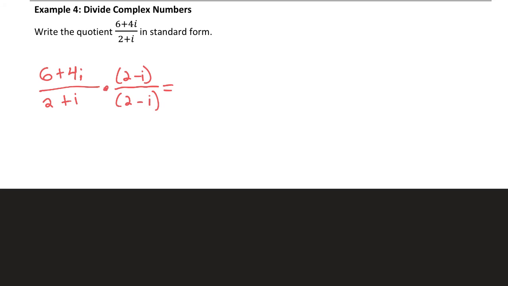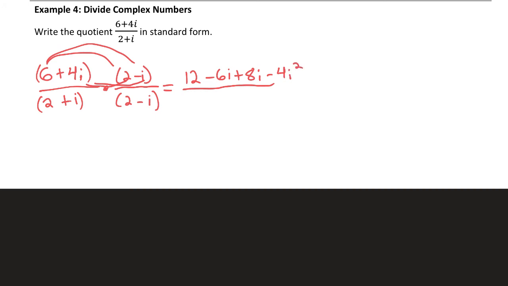So this has a few more steps, okay? So the top, we're going to have to write out everything to make sure that we're following this, and then we can reference it later when we practice. So the top would become 12 minus 6i plus 8i minus 4i squared.